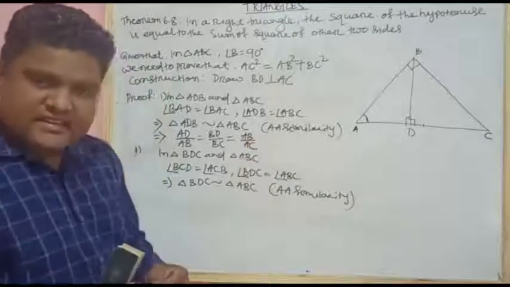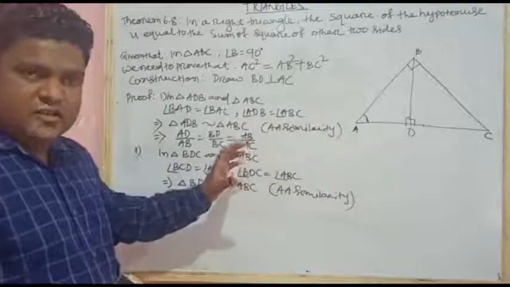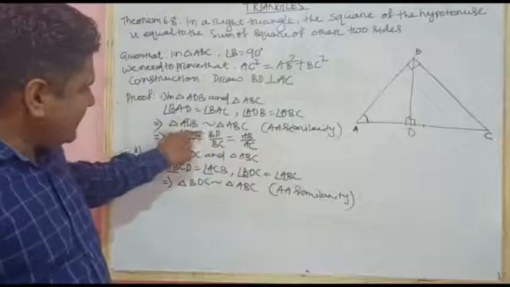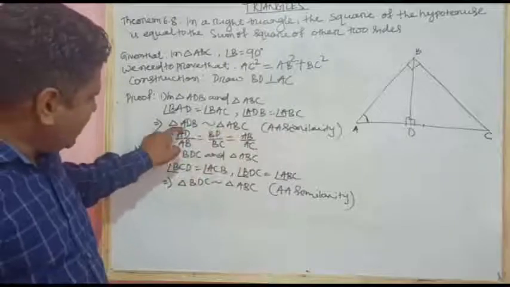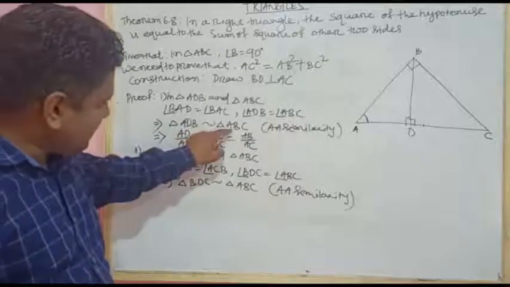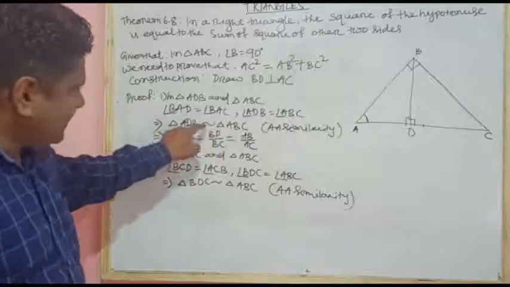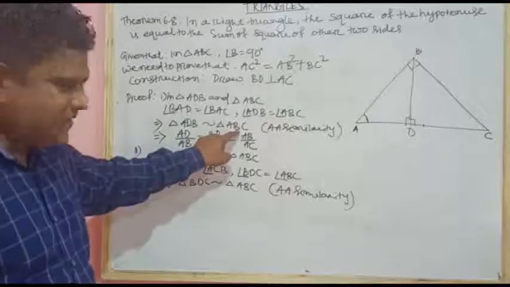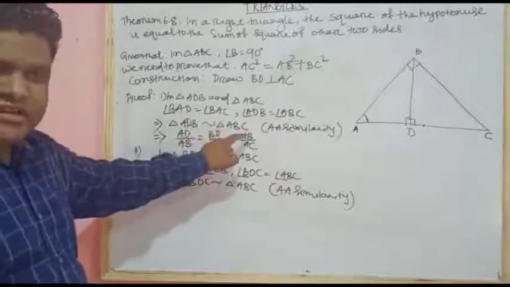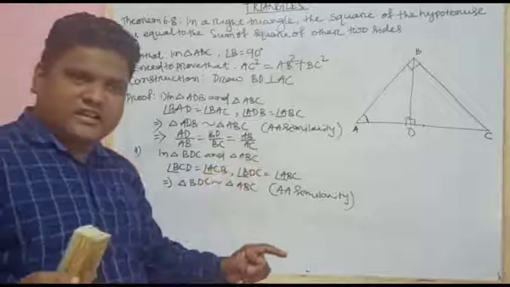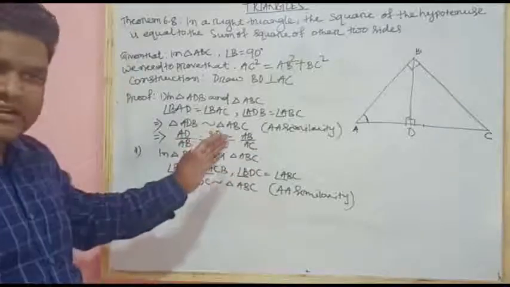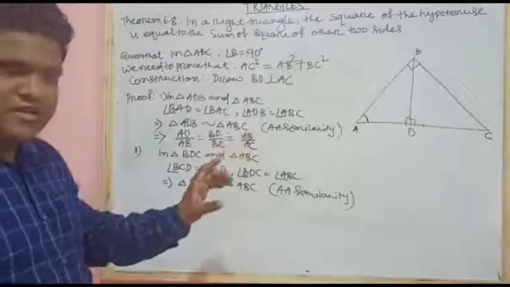How have I written this so easily? Because I have taken them in order: angle A of triangle ADB is equal to angle A of triangle ABC. Angle D is a right angle, angle B also here is a right angle, and the remaining angle must be equal. If two angles of two triangles are equal, then the remaining third angles must be equal to each other.